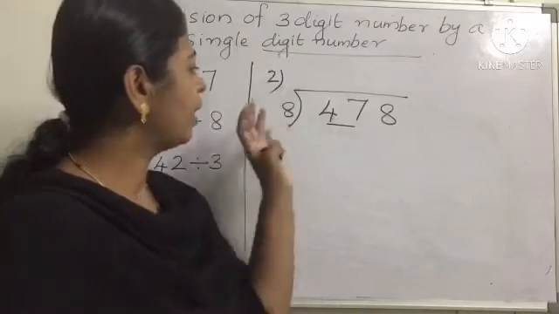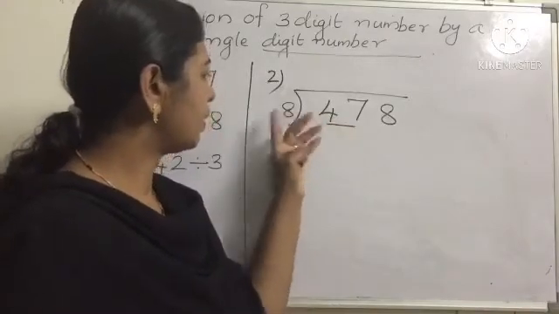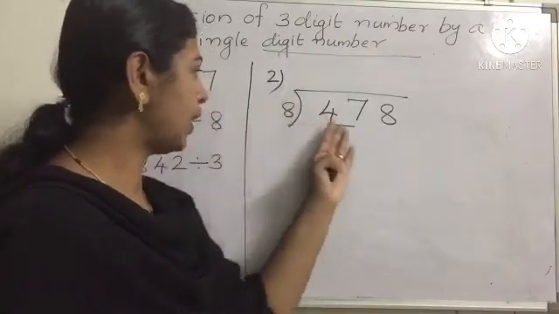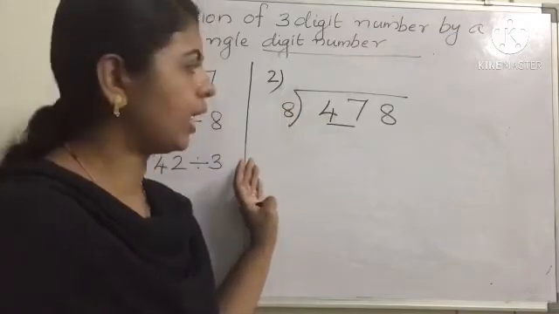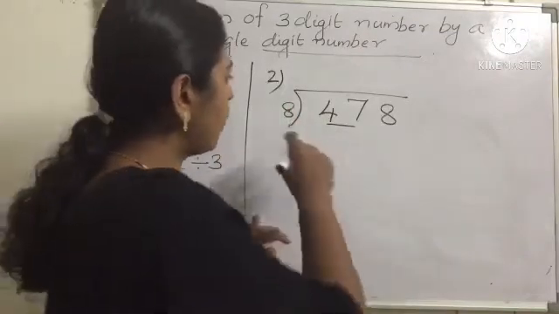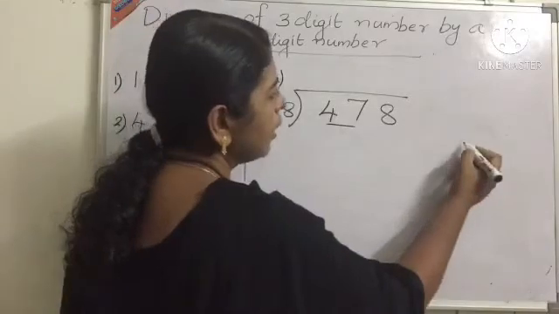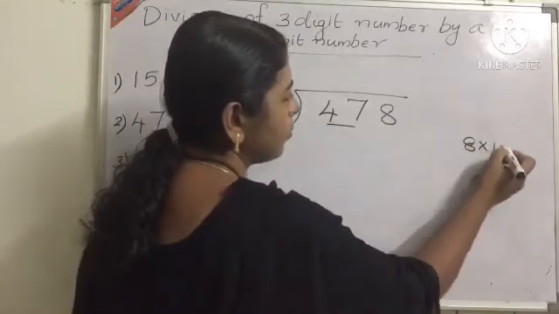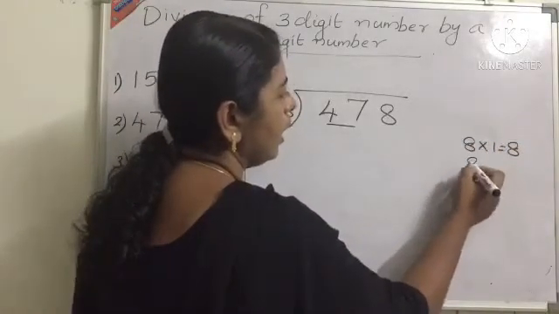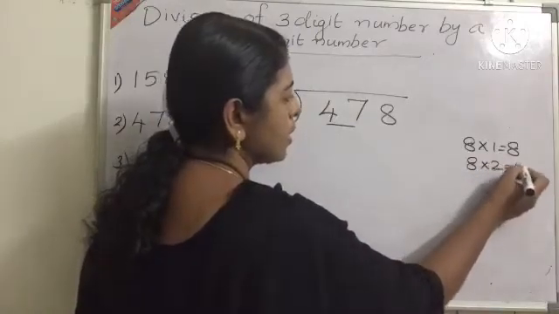Here 47 is divisible by 8 because 47 is more than 8. For this we want the multiplication table of 8. Then 8 ones are 8. 8 twos are 16.